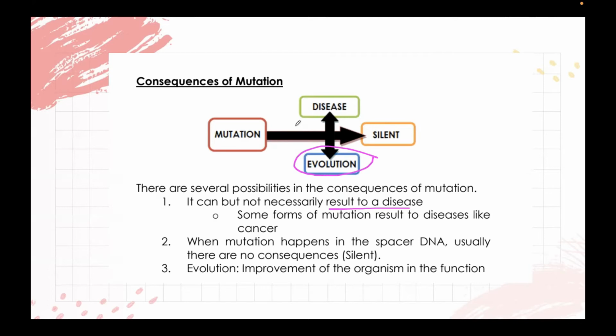Yung mga kagaya ng mga viruses natin, kaya po sila nag-e-evolve, kaya nagkakaroon ng different variants, dahil sa mutation. Kasi nga, patuloy yung replication. Some forms of mutation result in diseases like cancer, and when mutation happens in the spacer DNA, usually there are no consequences, silent lang siya.